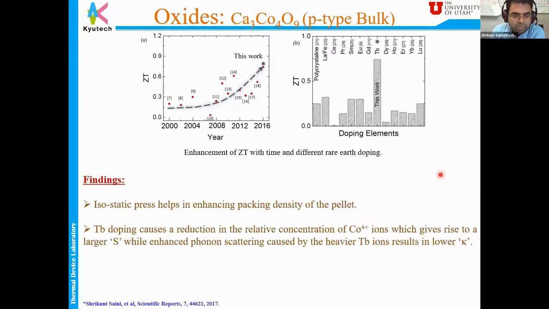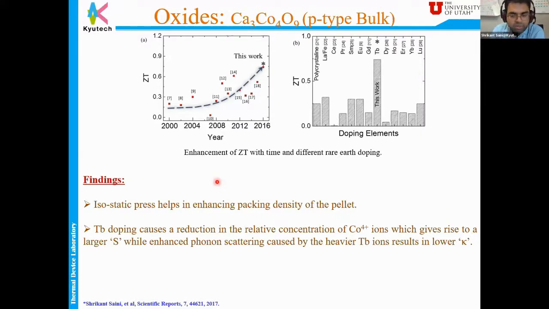So we performed this experiment and we found ZT, which was reported in Scientific Reports before, and we reached ZT of approximately 0.7 here, and that was one of the best for a p-type material with a heavy ion doping. So in this case, what we understand is isostatic pressure was technically helping us to enhance the packing density of the pellet.